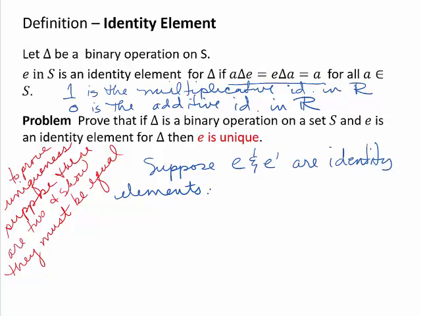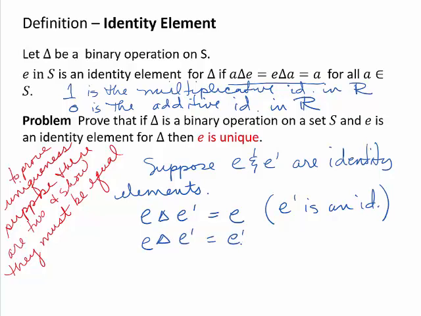Well, I probably wrote down a bunch of other stuff first. You just start writing down what you know. Look at this. E delta E prime is equal to E because E prime is an identity. And E delta E prime is equal to E prime because E is an identity.